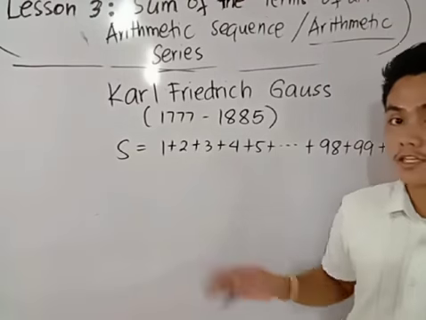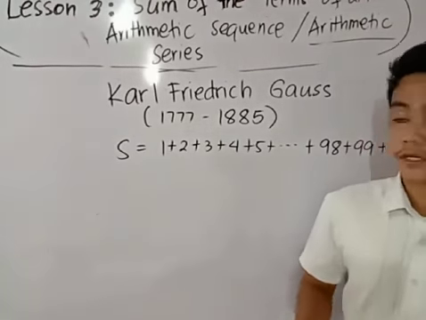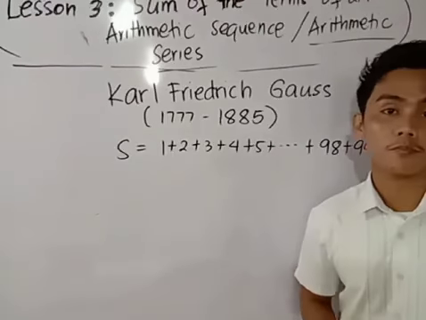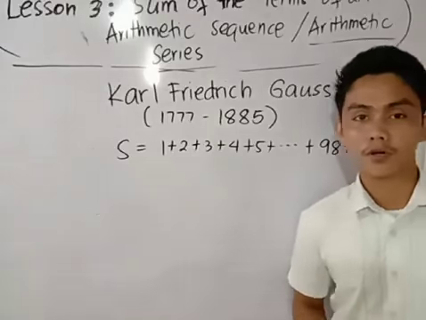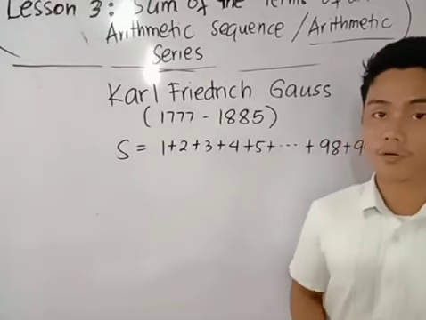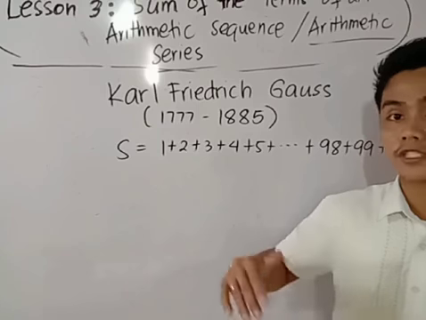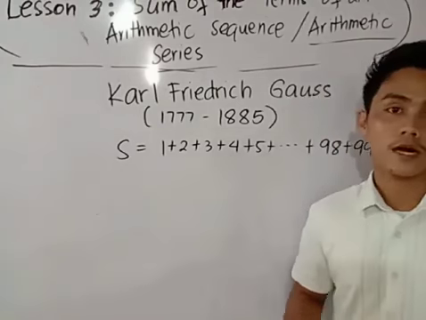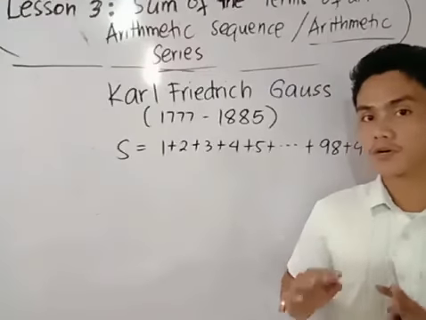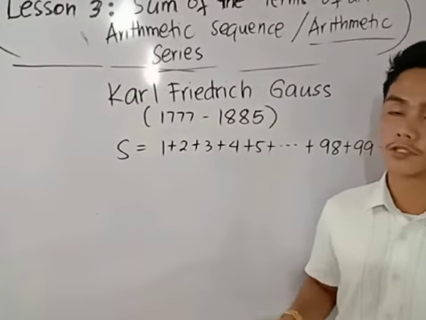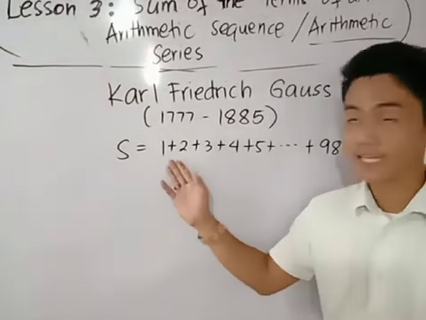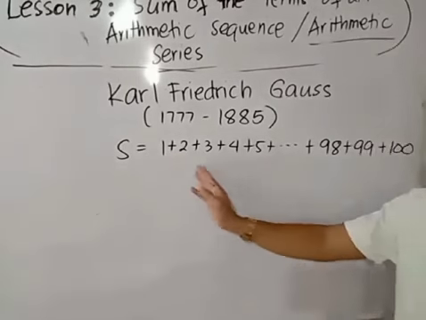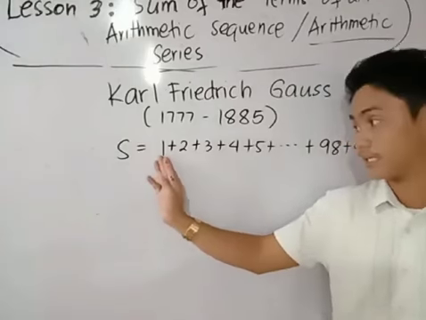His elementary teacher gave this series to him to keep him busy, because Gauss found those lessons boring, as he was very much advanced compared to his classmates. Within seconds, without using any paper or pen, and obviously there was no calculator during that time, purely mental computation, he was able to get the sum of the first 100 counting numbers.